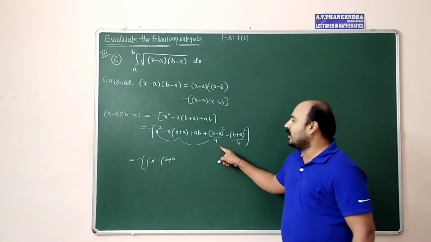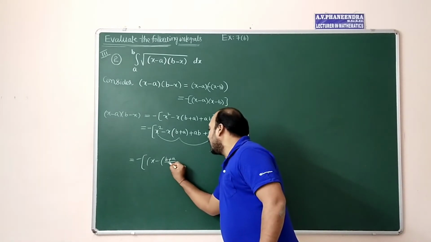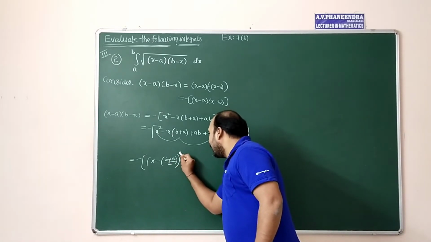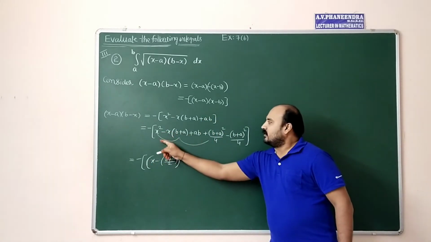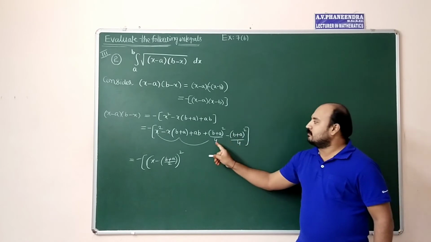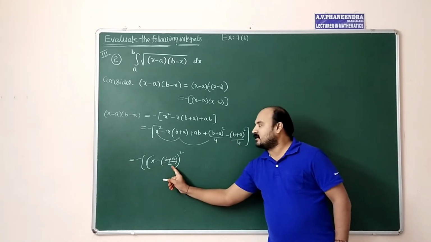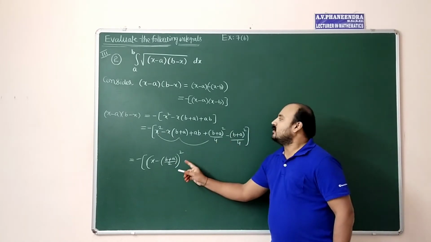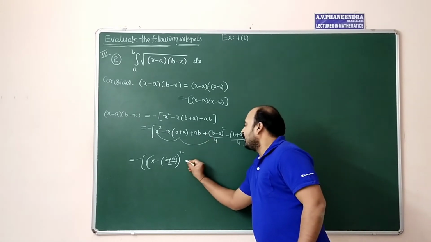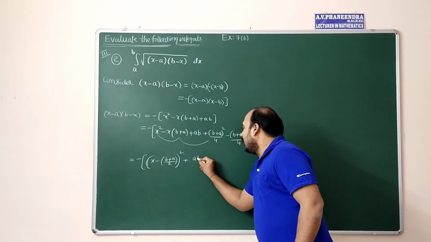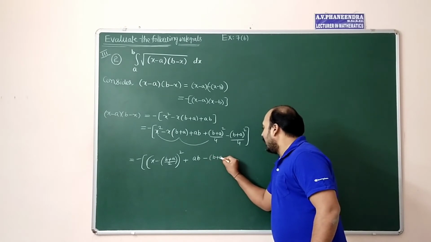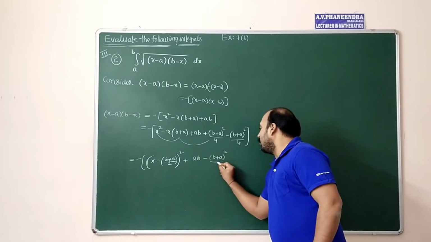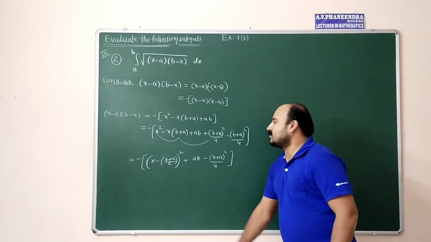We can write it as (x minus (b plus a) by 2) whole square. These marking symbols represent (x minus (b plus a) by 2) whole square. The rest of the terms here: plus ab minus (b plus a) whole square divided by 4, bracket close.